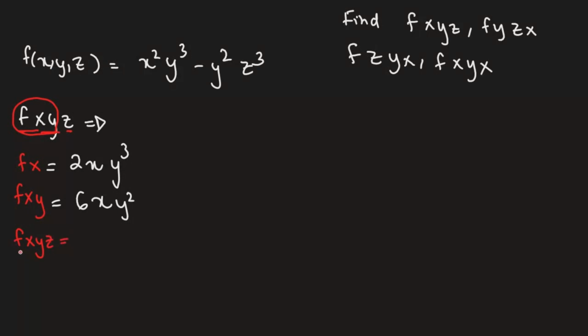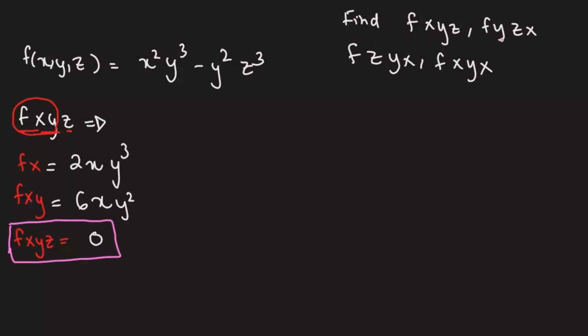And what are the variables that we are keeping as constant? x and y. So x and y are constant, and we're differentiating only z, and there's no z, only constants, so the derivative of a constant is 0. So the derivative f of x, y, z, which was our question, is simply 0, and this is our answer.